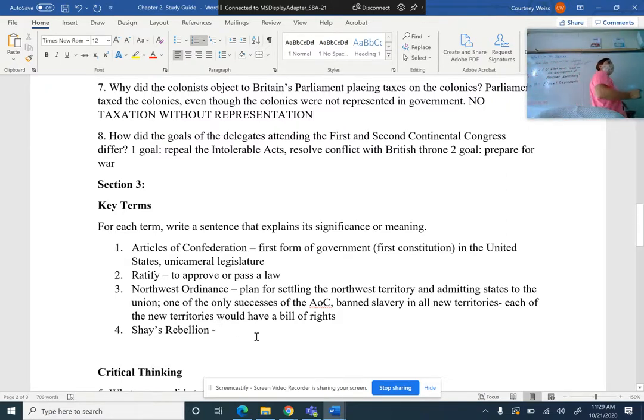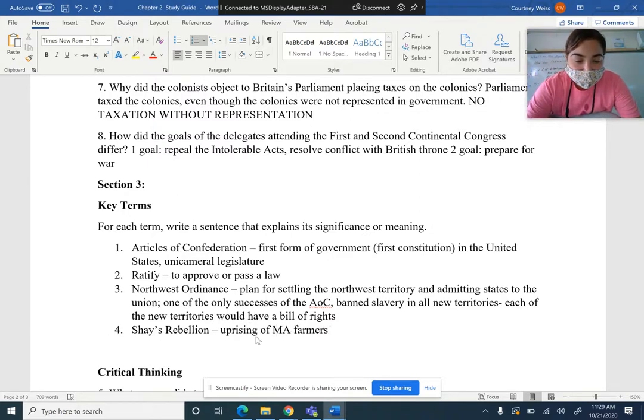Shays Rebellion. What about it? You're on a roll. Keep going. A rebellion of Massachusetts farmers facing the prospect of losing lands.